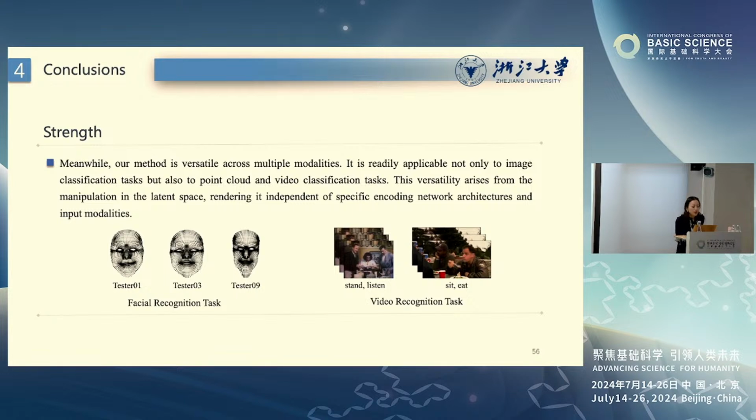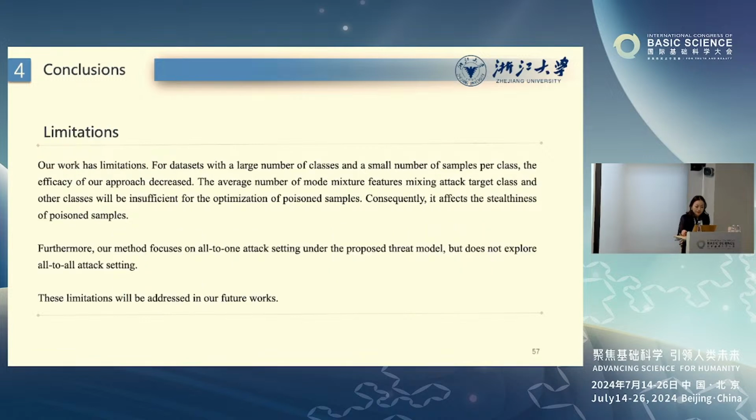but also to the task and the latent space rendering its encoding network architecture of our method, decreased average, will be in so of points and samples.